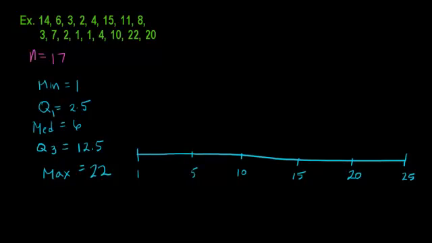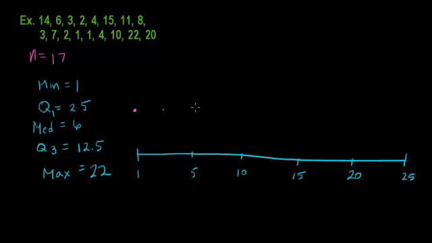Okay, so the lowest value is noted with just a point. So my lowest value here is at 1, and the box is actually created using the quartiles. So Q1 is 2.5, so that would actually be halfway between 1 and 5. So Q1 is going to be about right here.